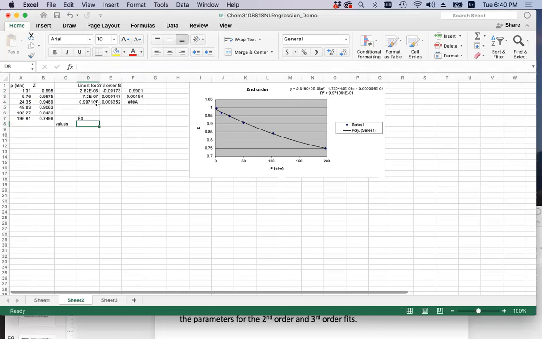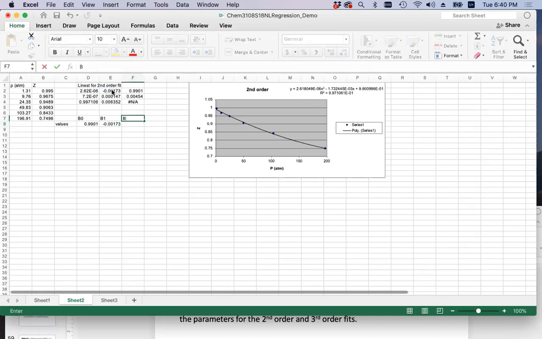It's not quite so obvious looking at this table of numbers, but if you compare these numbers to the fit equation over here, then the B0 should be the constant term. So it should be this 0.99 number. So it's this one. The B1 virial coefficient should be the linear term coefficient. So it should be 1.73. So it's this parameter here in cell E2. So I'll set that one equal to this.